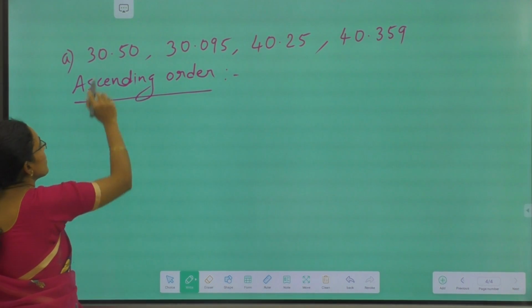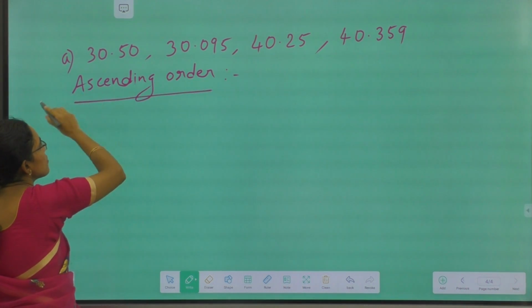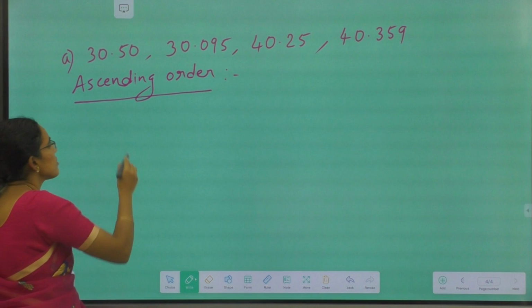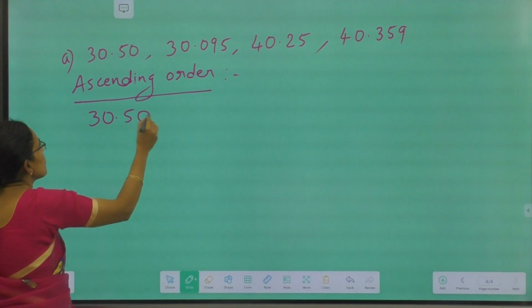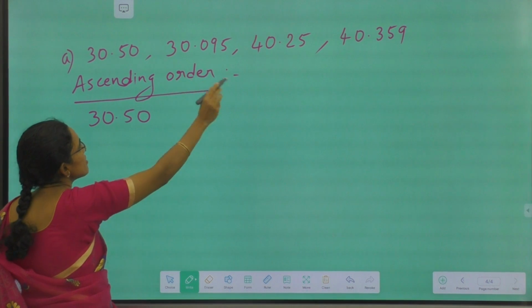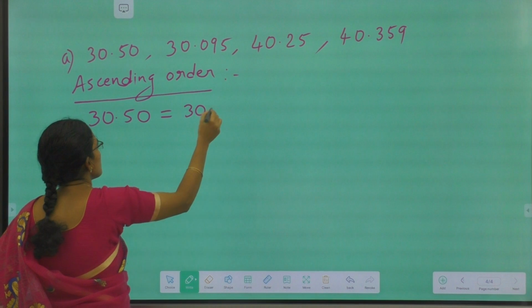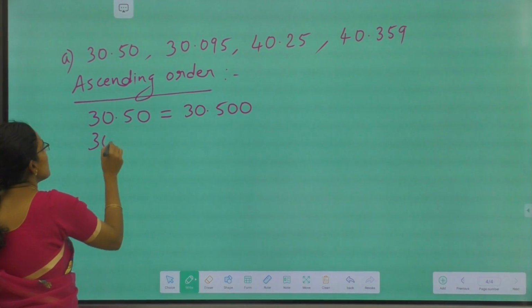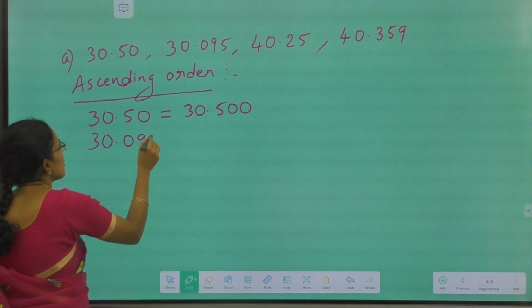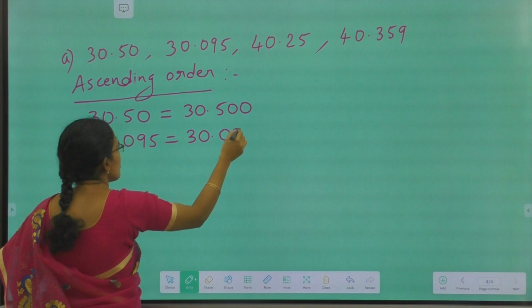Now here, observe the whole part, or else first convert all the decimals into like decimals. 30.50 has a maximum of 3 decimal places, no? Therefore I am converting this one as 30.500. Then 30.095, already 3 decimal places are there, writing as it is.